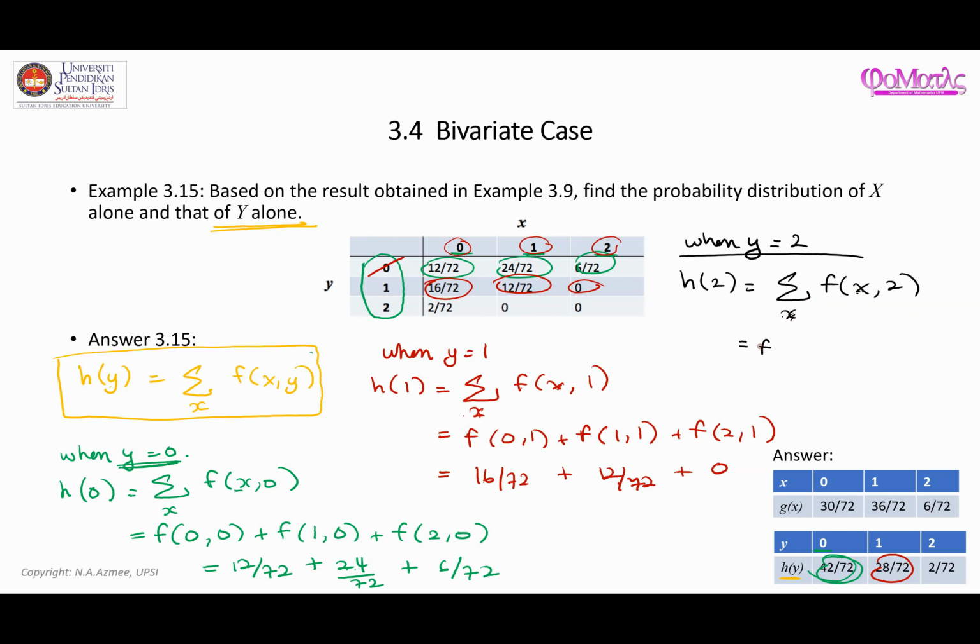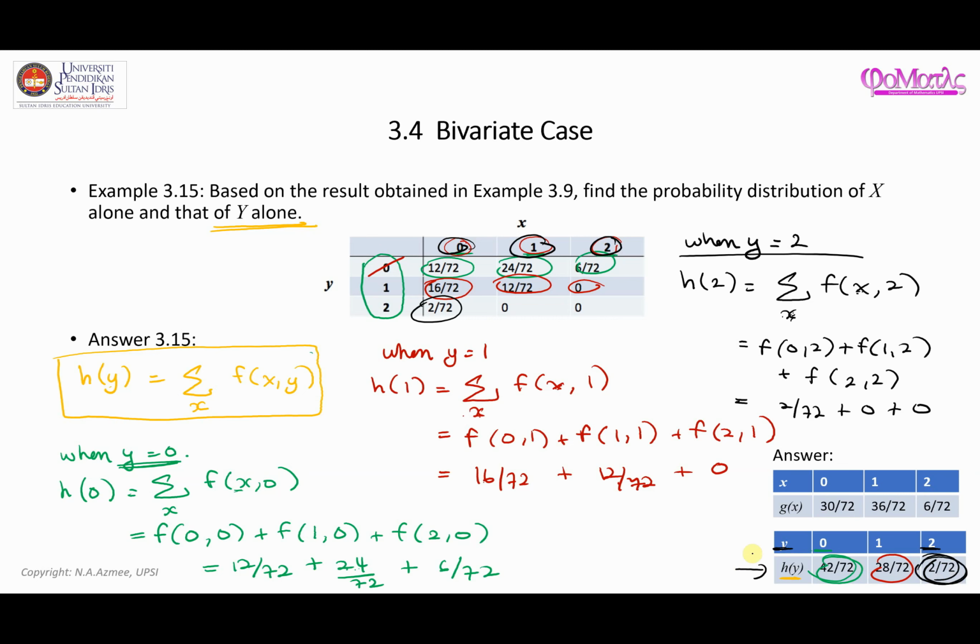First we start with the smallest x, which is 0, so f02, then we move on to the next x, f12. Finally, the last one is f22. The values related to that will be 2 over 72 plus 0 plus 0. So the final answer for y equals 2, the result of hy, is 2 over 72.